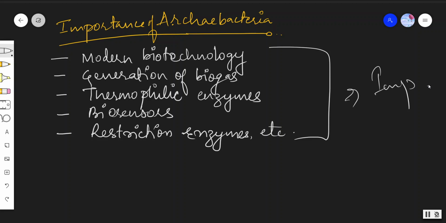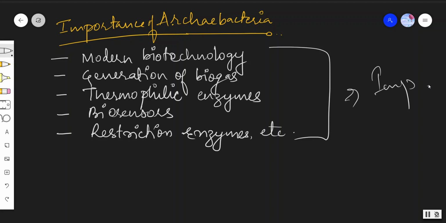Archaebacteria are classified into three types: methanogens, halophiles, and thermoacidophiles. Methanogens are what?